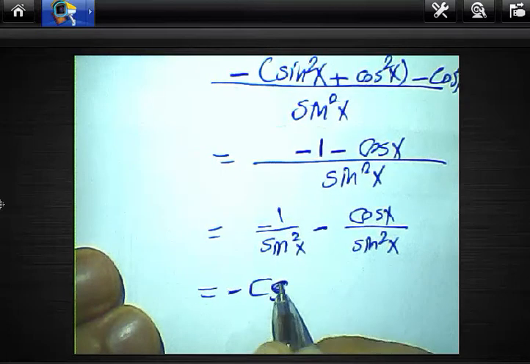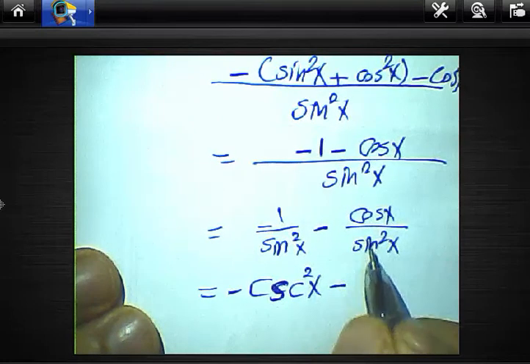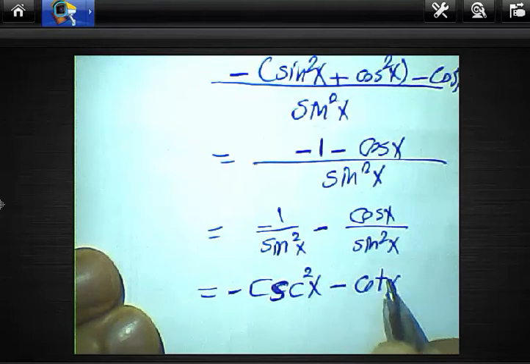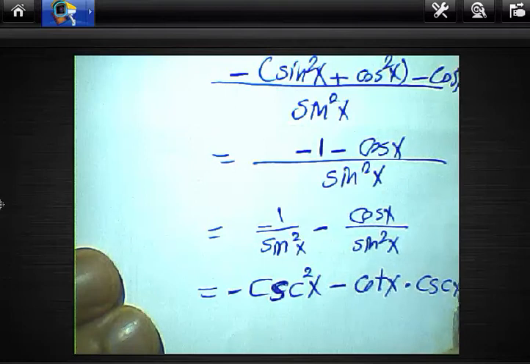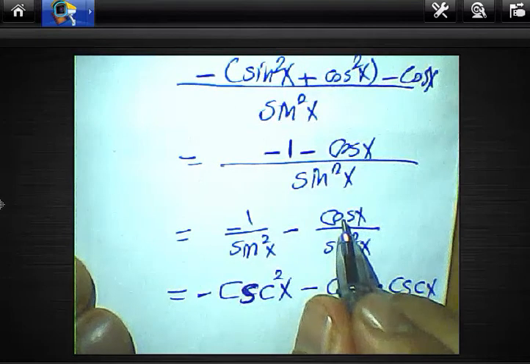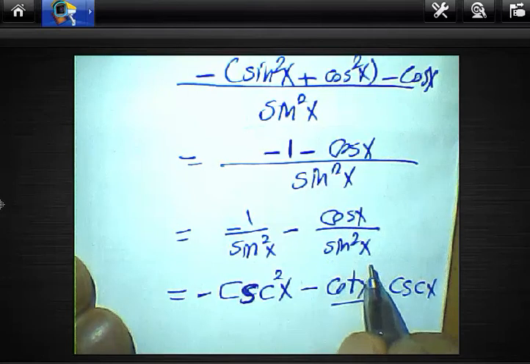We can write here negative cosec power 2 of x, and cosine over sine equal cotan. Write here cotan x, and 1 over sine equal cosec. So the result will be negative cotan x cosec x, because we have cosine over sine will be cotan, and we have sine x in the denominator. 1 over sine x equal cosec.